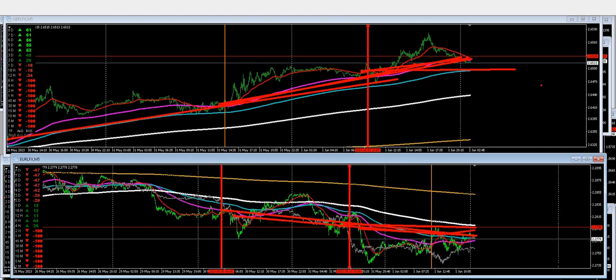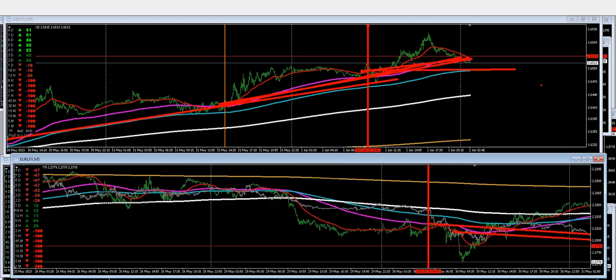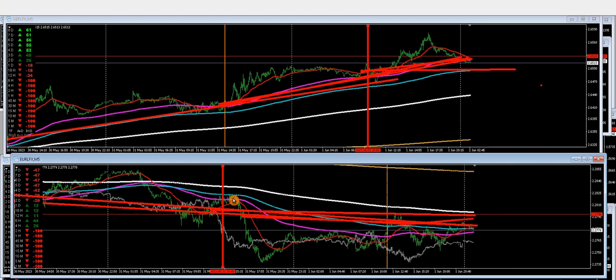Okay, so we know this. From here to halfway is this much. But what's happened is we've got a bit of euro build-up of strength here. Is it as much as pound?